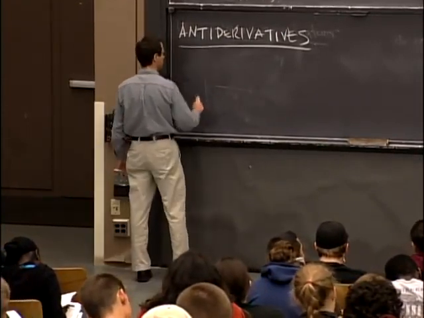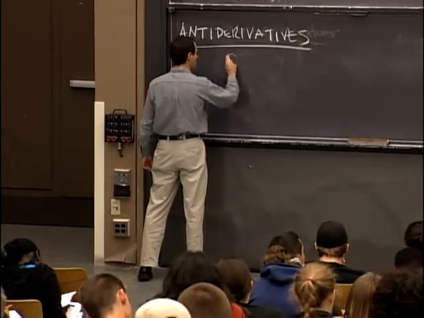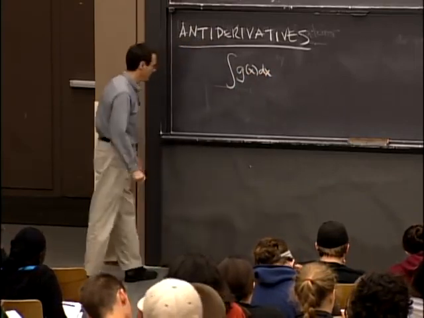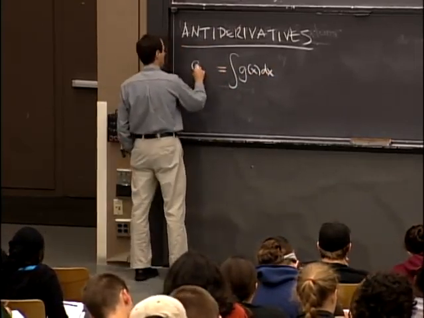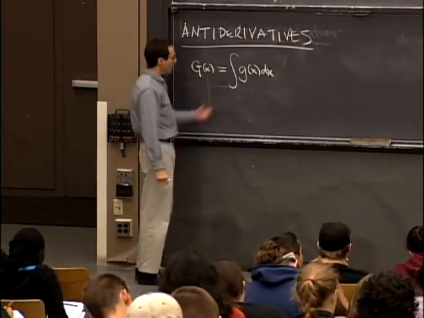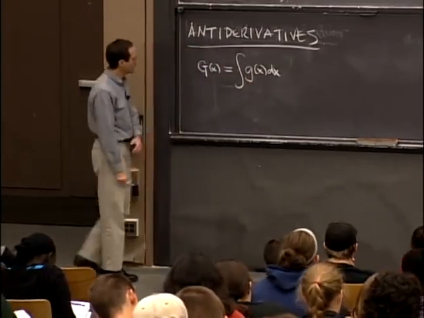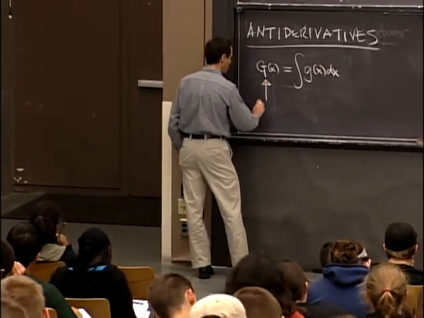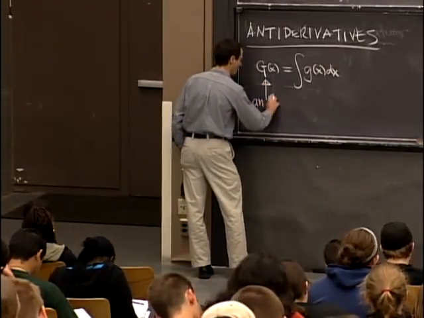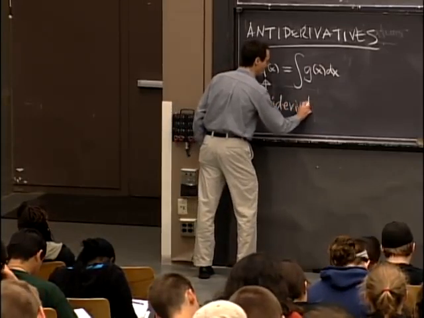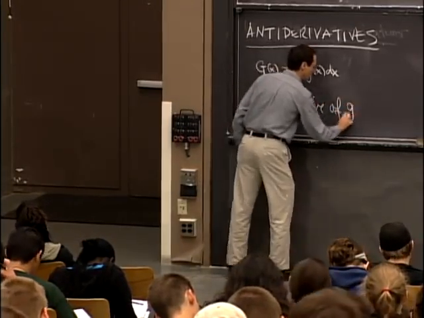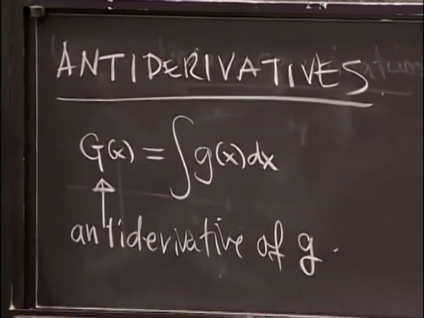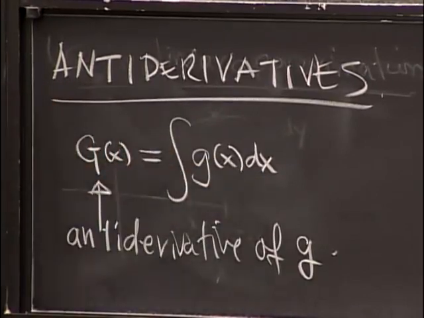Namely, the notation that I want to describe here is what's called the integral of g of x dx. And I'll denote that by a function capital G of x. So you start with a function g of x and you produce a function capital G of x, which is called the antiderivative of g. Notice there's a differential sitting in here.